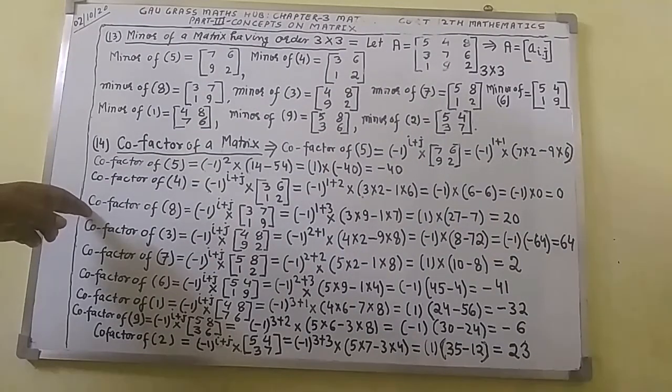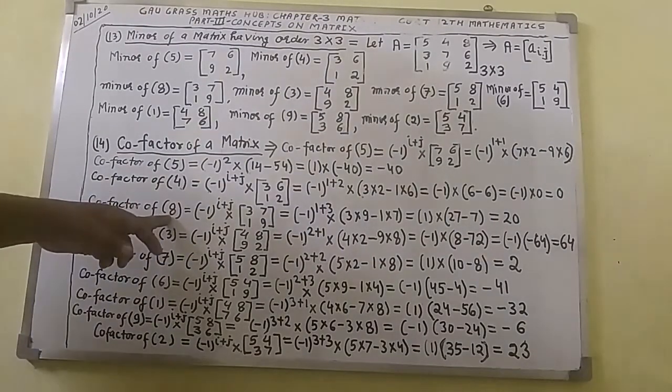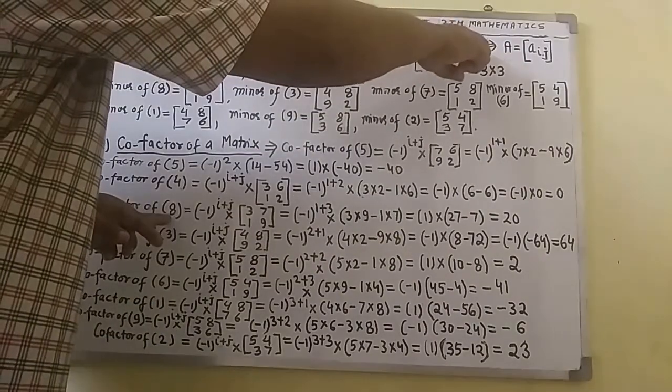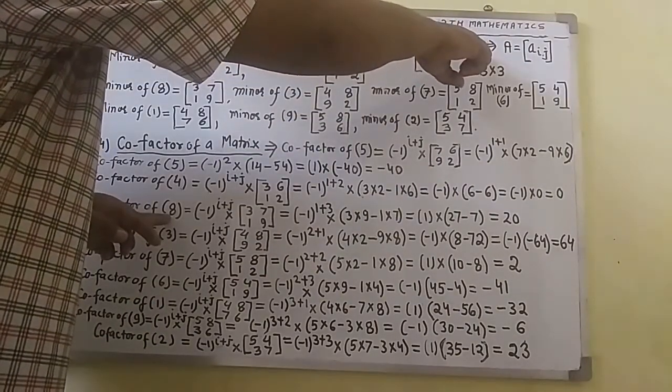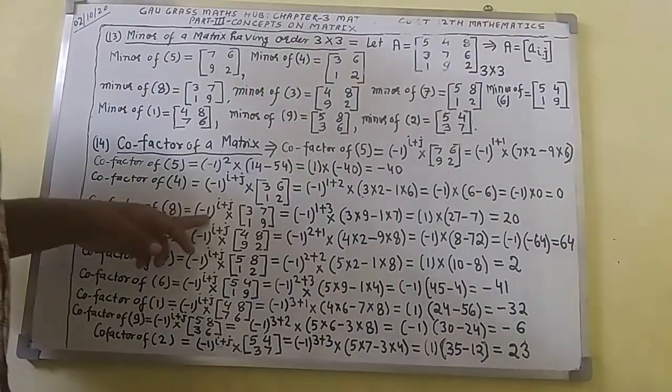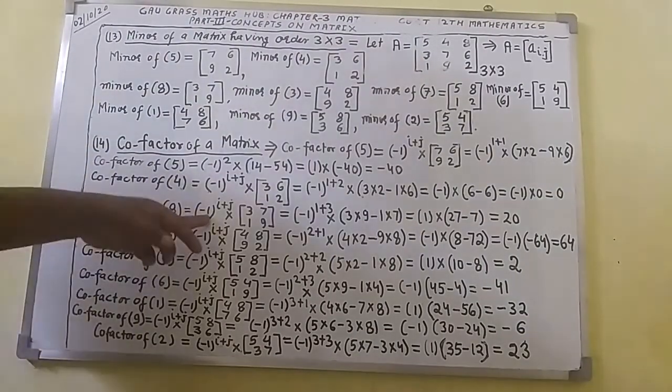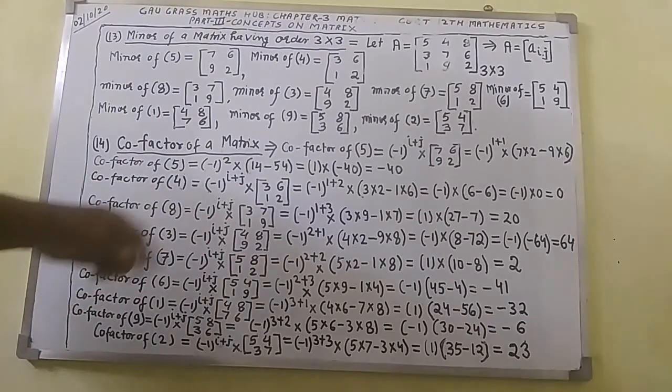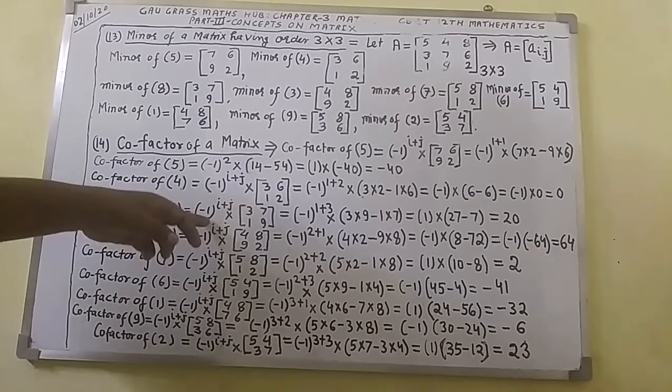Now, find the cofactor of element 8. So here you can see element 8 is there in the given matrix. Minus 1 is a constant here, raised to power i plus j.